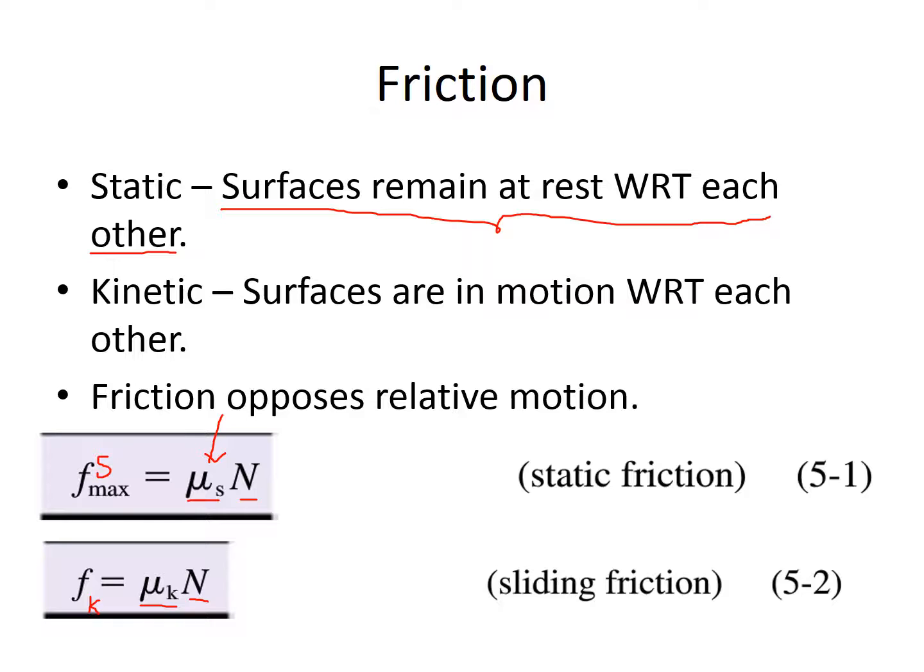So if you go to the grocery store and you're checking out and you place an object on the conveyor belt, the conveyor belt is not moving with respect to the object that you have set on the conveyor belt. So your static friction is actually causing the object to move with respect to you, because it's maintaining rest with respect to the surface that it's sitting on. Think of a box in the back of a pickup truck.